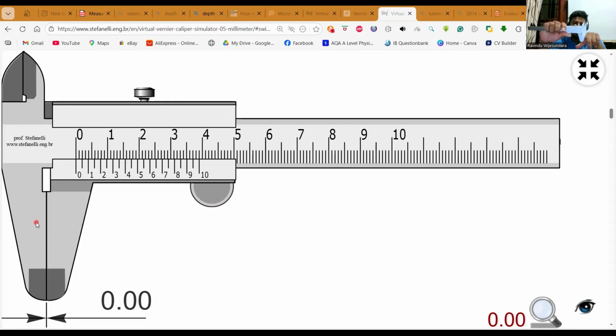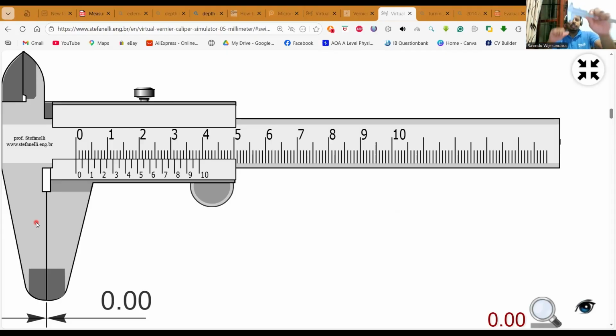Then you should look at the zero mark of the vernier and the zero mark of the main scale. Now, I'm not sure whether you can see this, so I am holding it as close as possible. If you can see, both the zero marks are exactly coinciding.